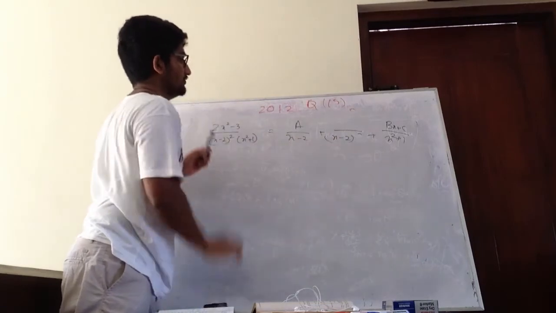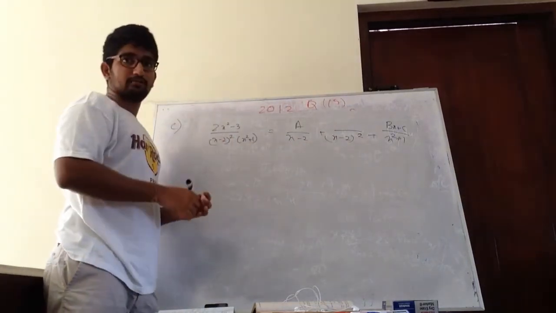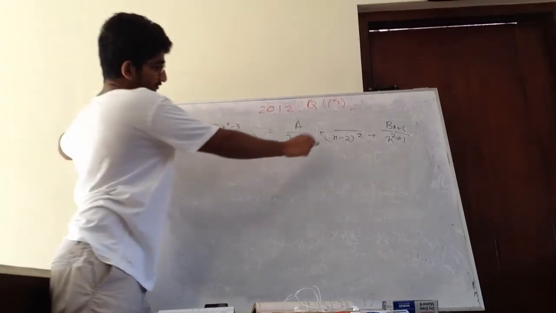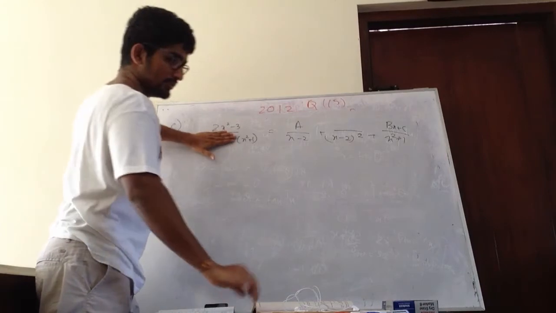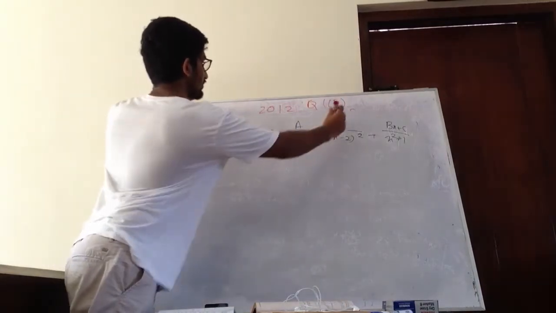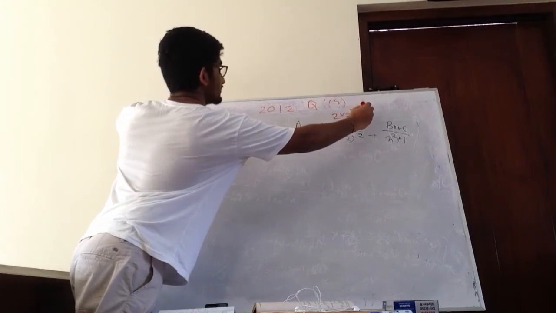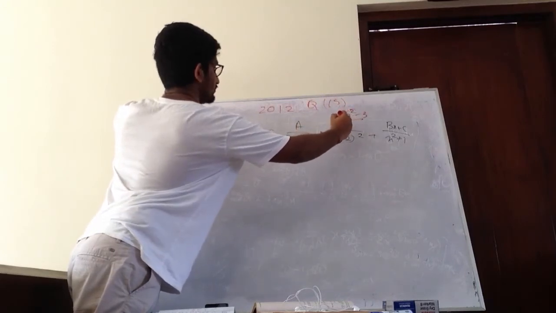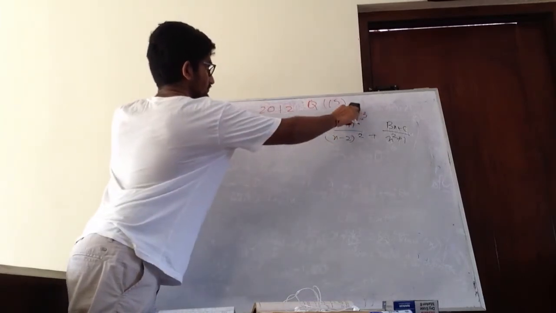You know that method where you close this, so now x equals 2, you can close this now. You will get 2 times 2 squared minus 3 times 2 squared plus 1.